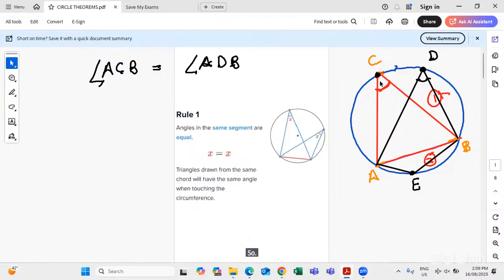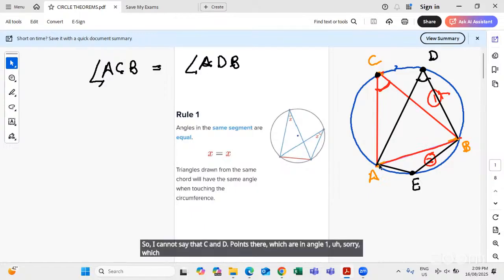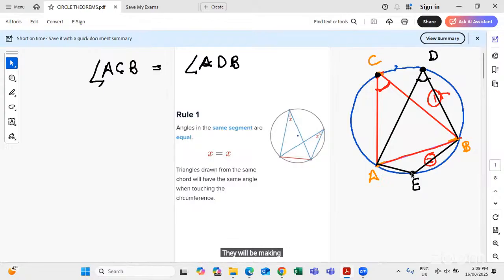So I cannot say that points C and D, which are in segment 1, will make the same angle as angle E.